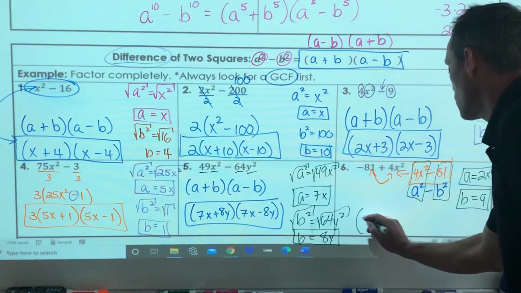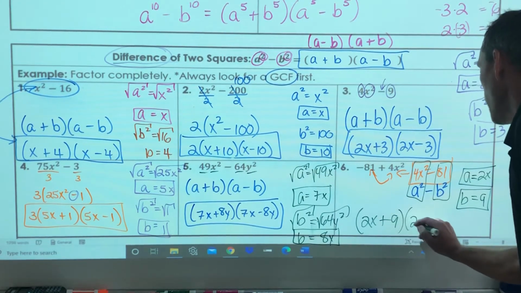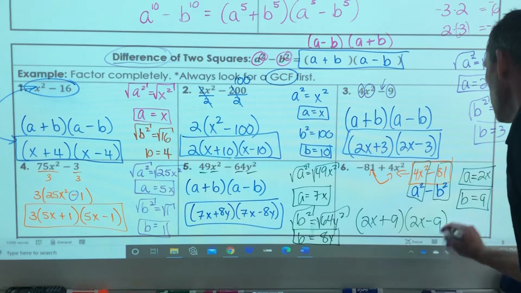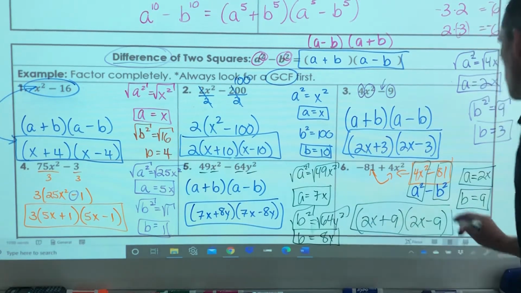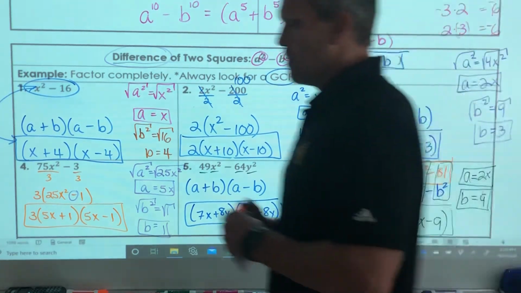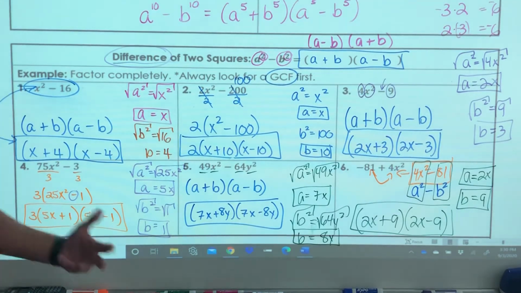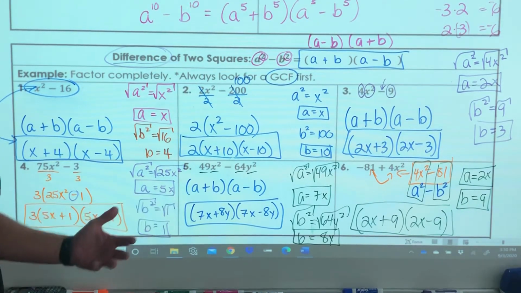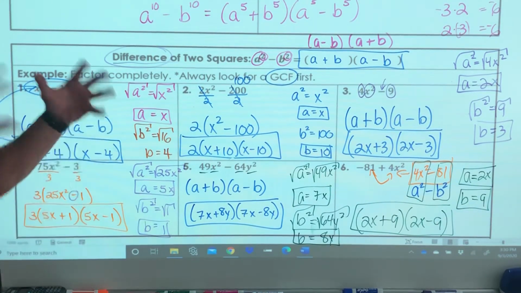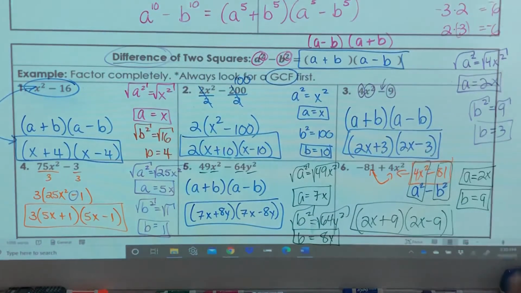Our answer is 2x plus 9, 2x minus 9. If you follow these steps of defining your a and defining your b, you're going to have much less stress on being able to figure out what to do first. Being able to analyze and focus on stuff and how to break it down is very important.